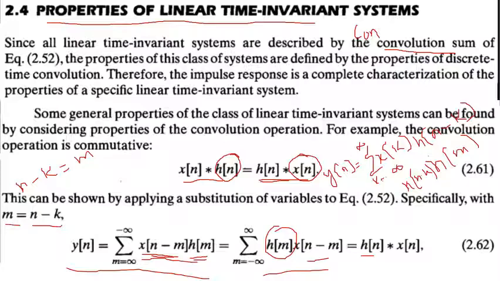So this is basically h of n convolving with x of n, because before this it was x of n convolving with h of n. After the convolution sign, whatever signal is there, we will shift and flip that signal. Before we were shifting and flipping h, now we are shifting and flipping x. So this is the first property, the commutative property.